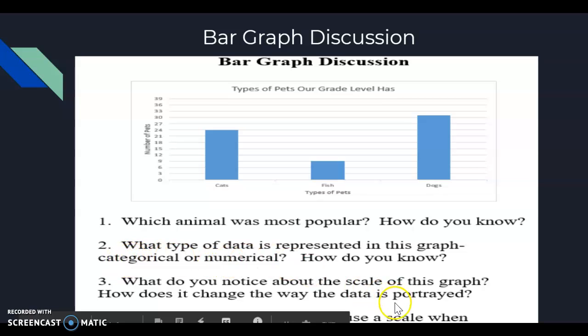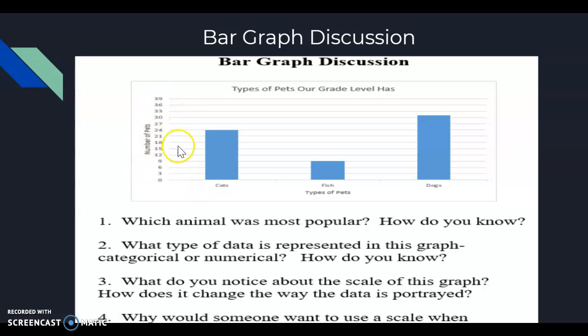All right, number four. Maybe a little bit hard to see on the screen here, but I'm going to read it because at the bottom it says, why would someone use a scale when creating a graph? If you're having trouble thinking about a scale, let's take a look at this side over here. A person may create a scale because their data, their numbers, are too large to fit in here.